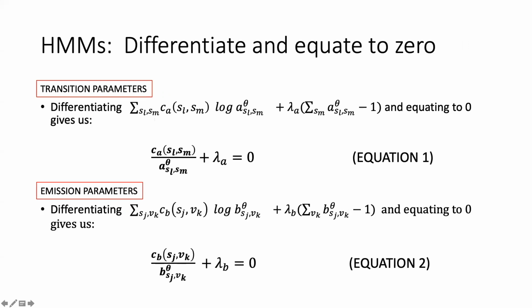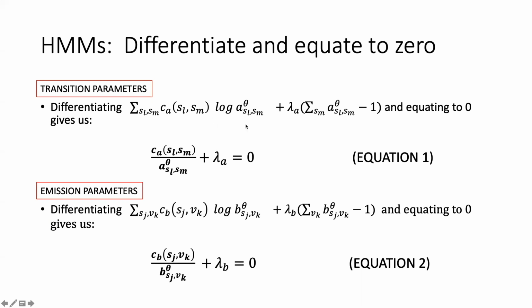Differentiating the terms and equating to 0 will give us this one. In this objective function, we have to differentiate with respect to A_{s_l,s_m}, which are the transition parameters we are interested in estimating. In this particular summation, there is only one term which will be dependent on A_{s_l,s_m}.